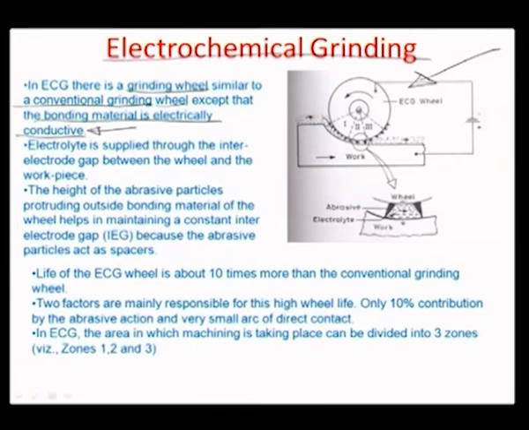It has to be essentially an electrically conductive binding material to make the ECG wheel. So the electrolyte is supplied through the IEG, or the inter-electrode gap. In this particular case, this gap right here is the IEG, and that happens between the ECG wheel and the workpiece.